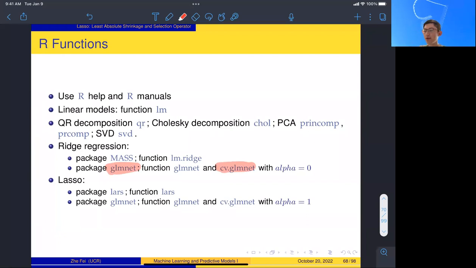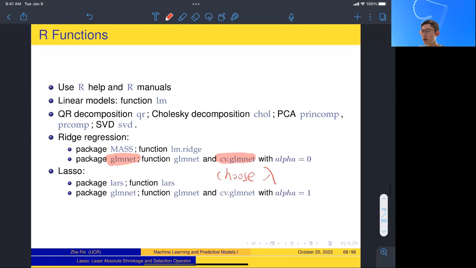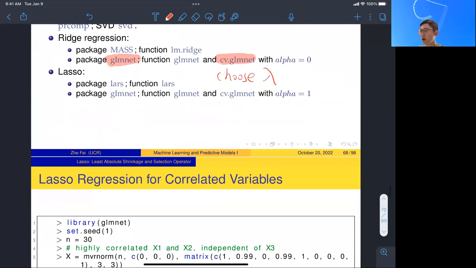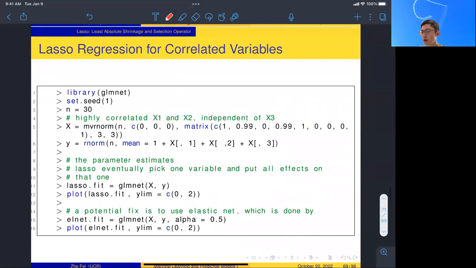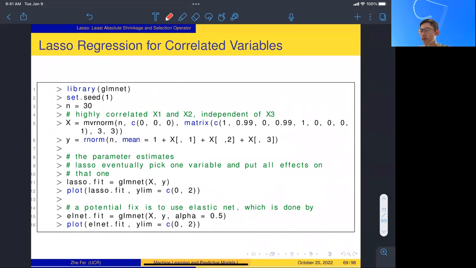It performs cross-validation for you to choose the optimal lambda. So that's a very important function to keep in mind. So let's look at the glmnet example.